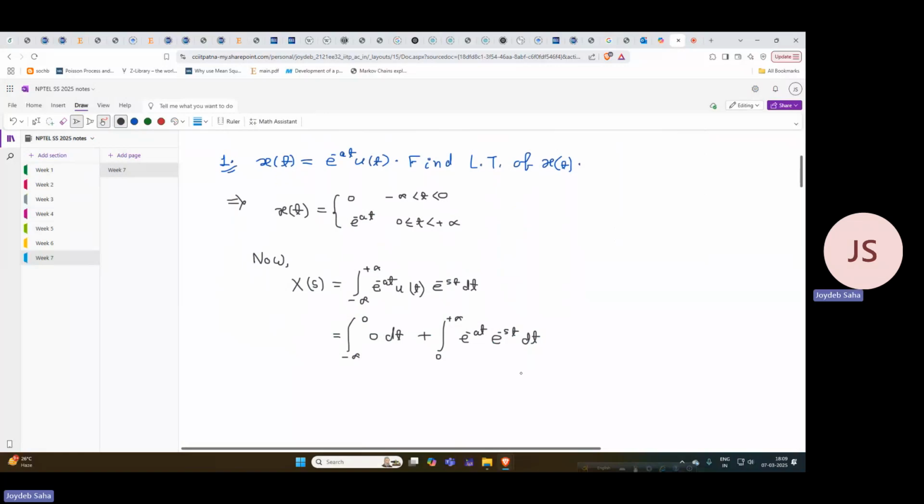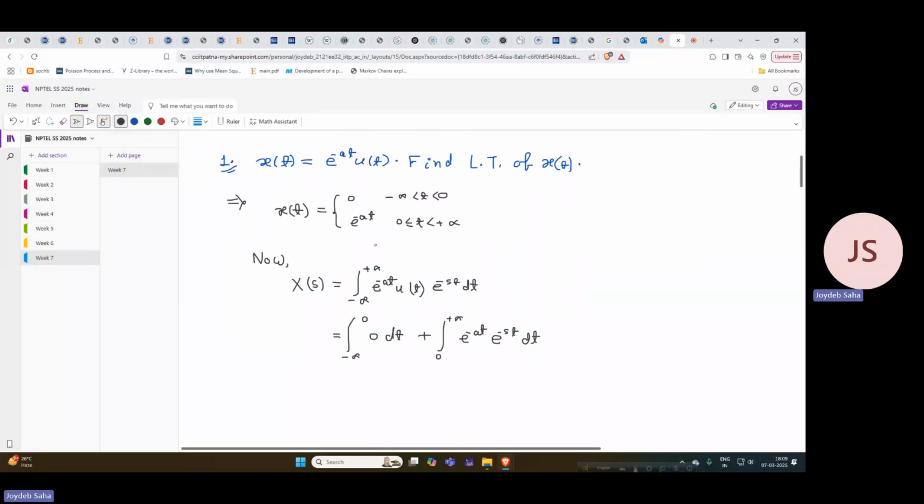What we have done, we have divided the x(t) in two parts. One is minus infinity to 0, another is 0 to plus infinite. As there is u(t), that is step function, unit step, for minus infinite to 0, x(t)'s value will be 0, and from 0 to plus infinite, it is e to the power minus at.